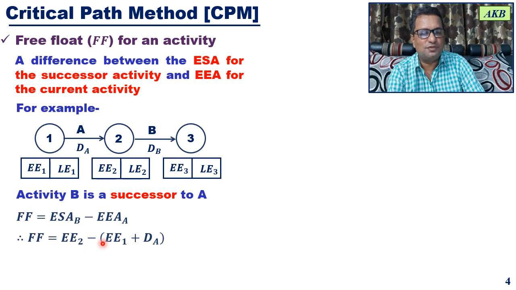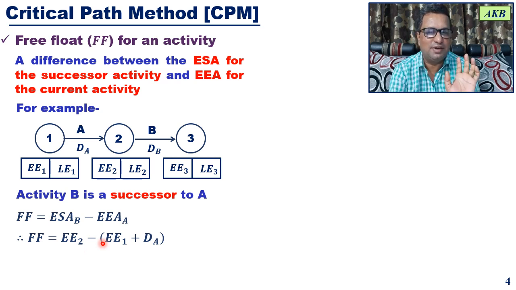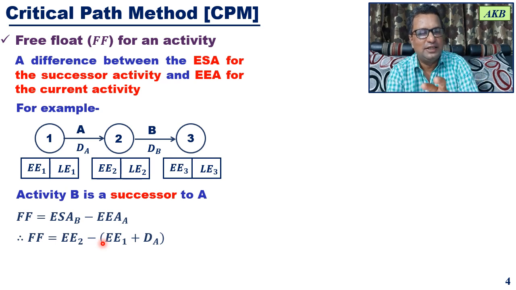What is the reason for that? Because event 2 is the tail event. So the earliest time for the tail event of an activity is its earliest start time, and the latest event time for the head event of an activity is the other thing. In this case, for event 2, the latest event time is LE2.